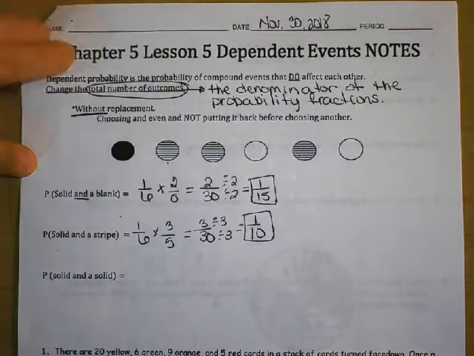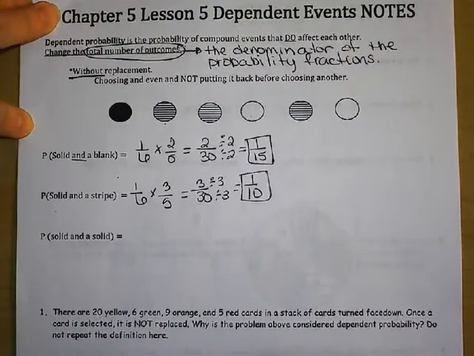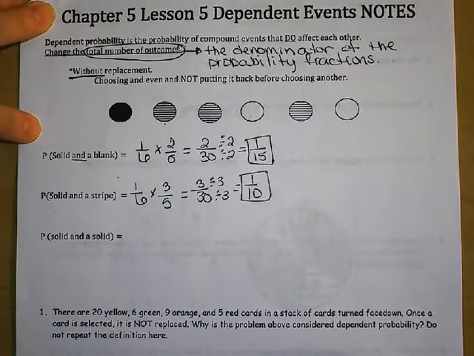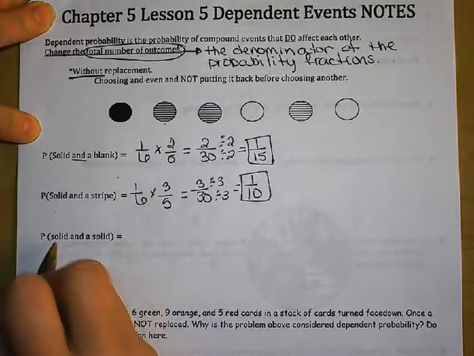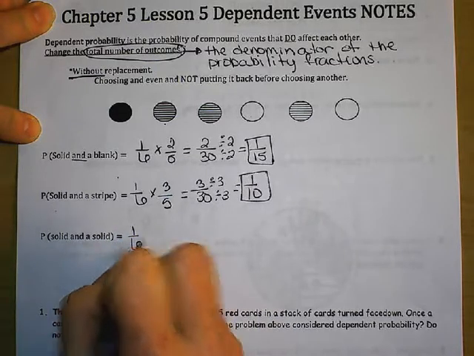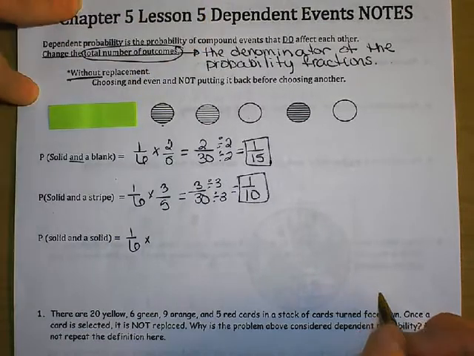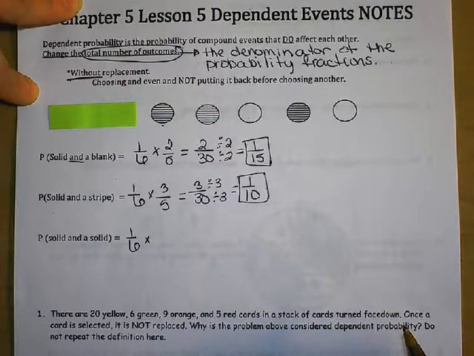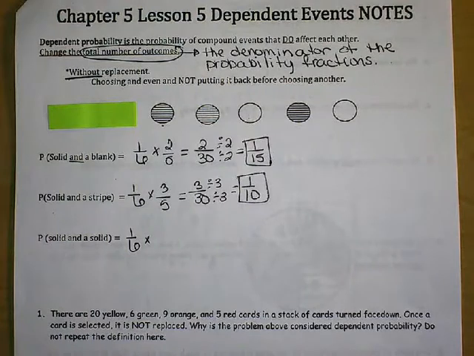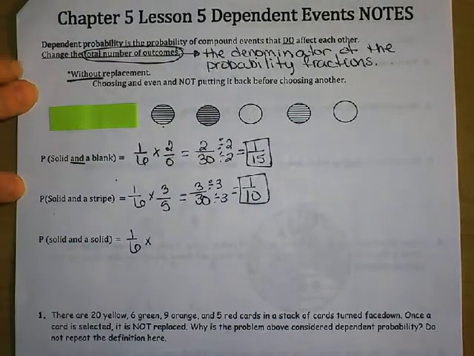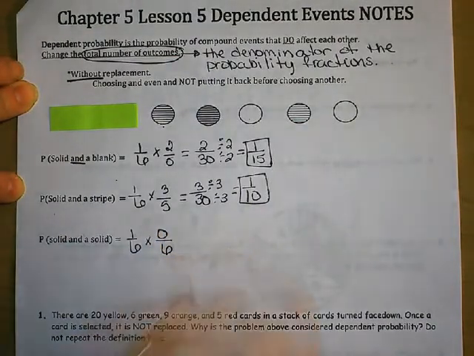Let's reset and try the third one. What is the probability of getting a solid and a solid? The probability of getting a solid the first time is 1 out of 6. You assume that that event occurs. So when I take that one out, what would be the probability of getting another solid? It is 0 out of 6.